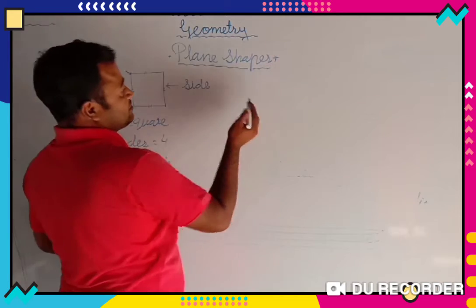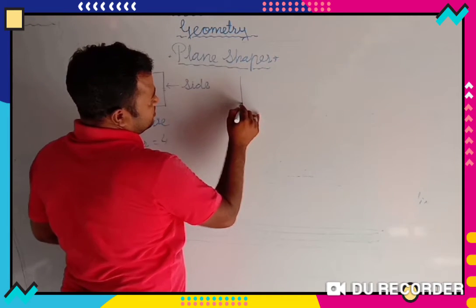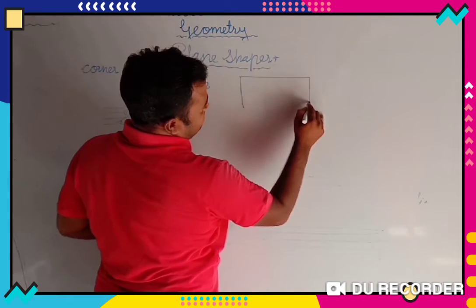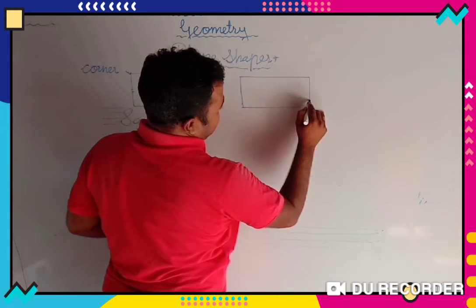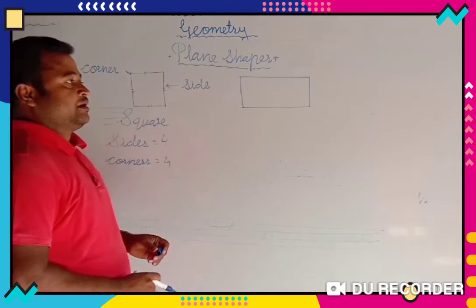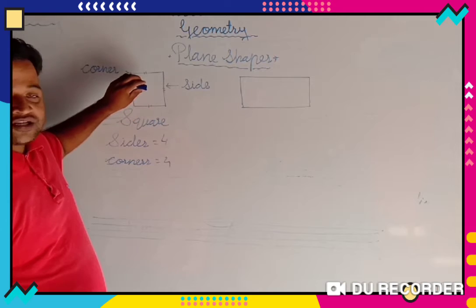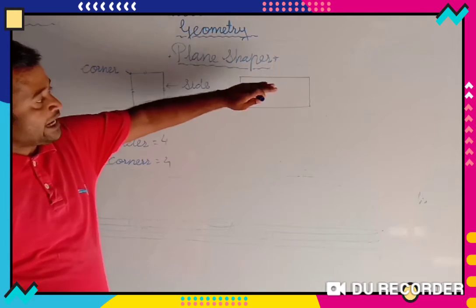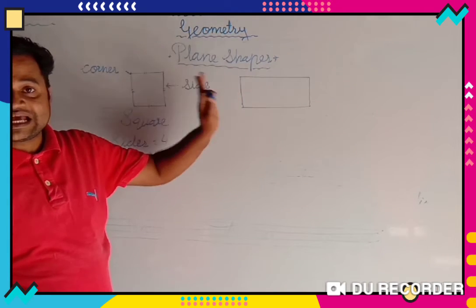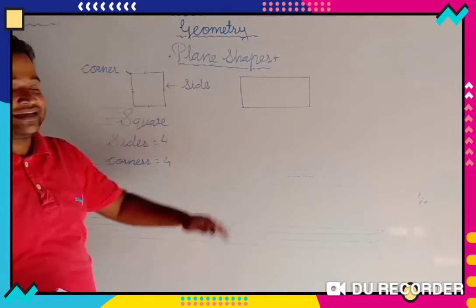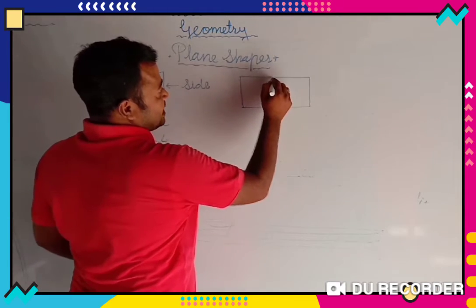The second geometrical figure or plane shape is a rectangle. Just like a square, it also has four sides and four corners, but the difference between a square and a rectangle is that its opposite sides are equal.